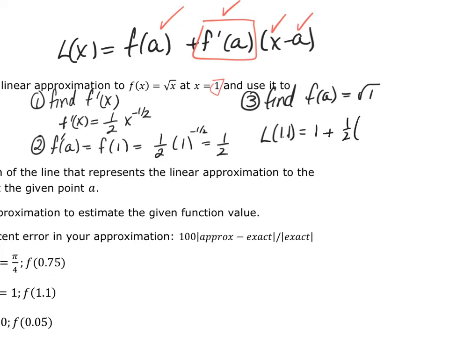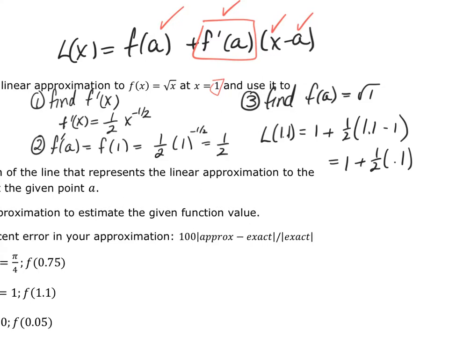X is what? 1.1, because that's what we're trying to chase. And then I subtract off, what was a again? 1. So my answer is 1 plus 1/2 multiplied by 0.1.